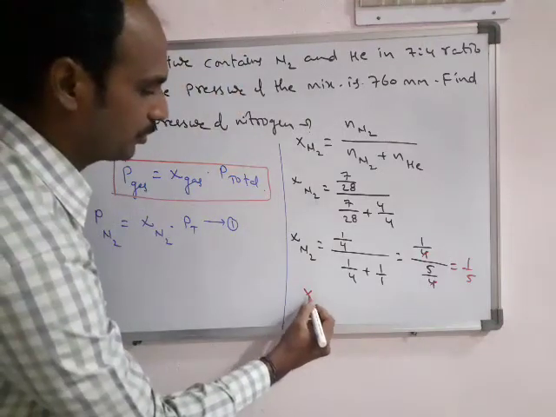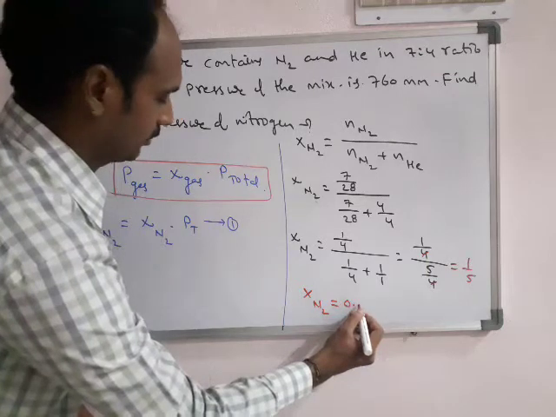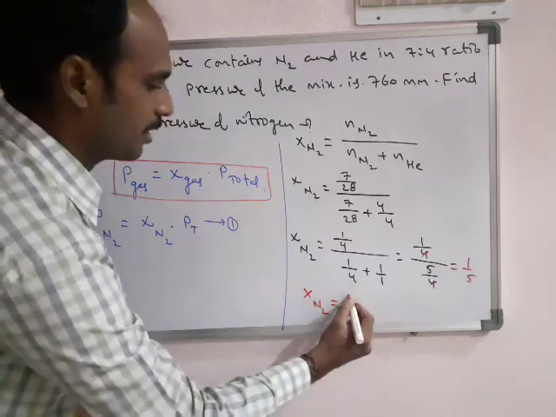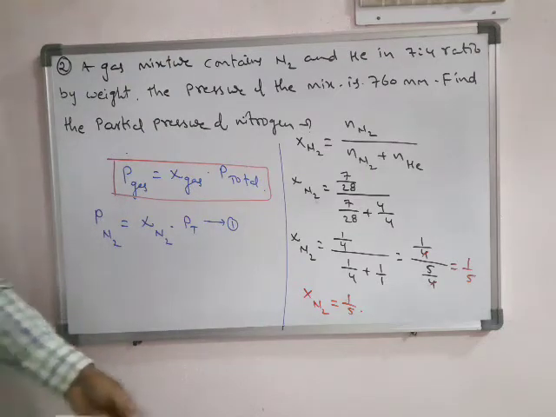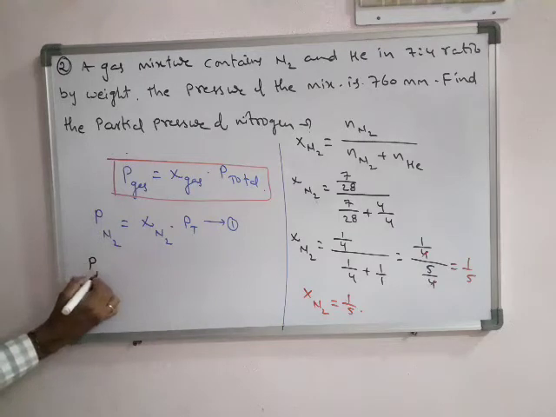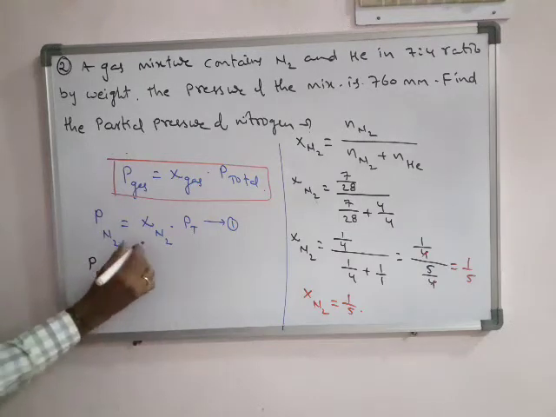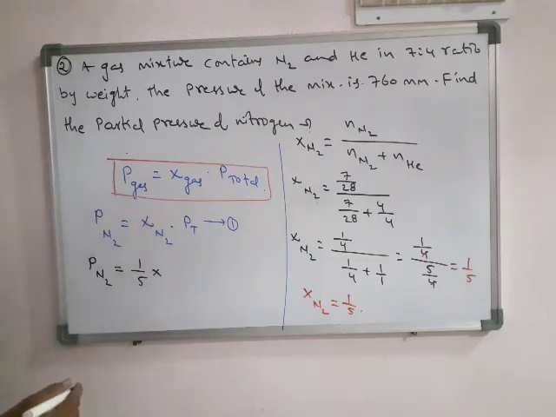So very simply we can write 1 by 5. Now substitute that 1 by 5 here. What is the P total? That is 760.